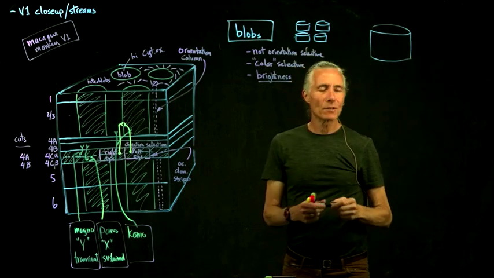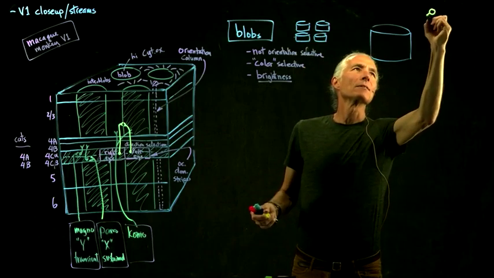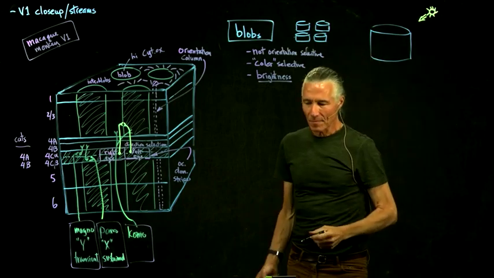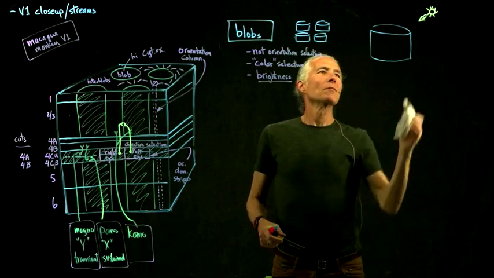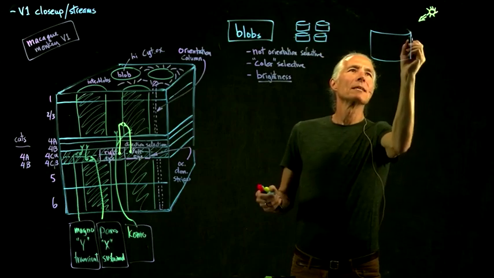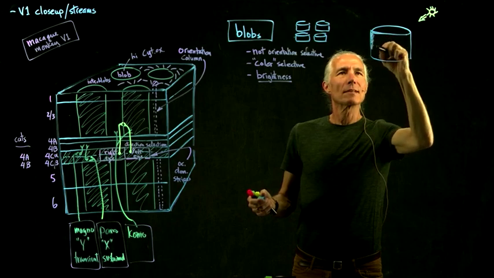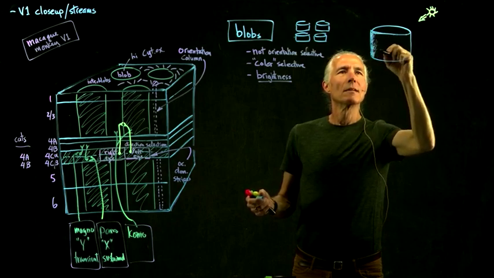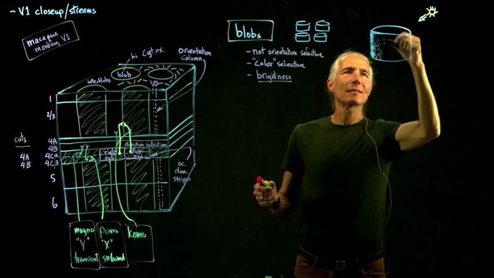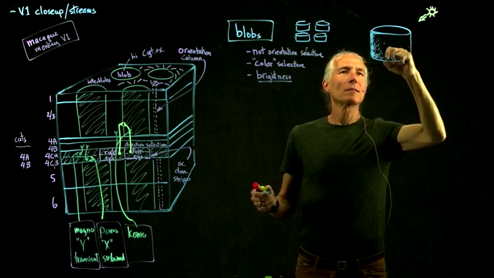And if that cylinder is being illuminated, so here's the sun, from that direction, what's going to happen? Well, this part is going to be very dark, like that. And this whole thing is going to be slightly darker than the top edge.